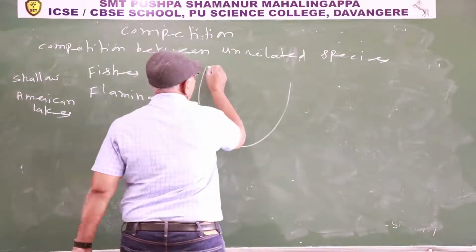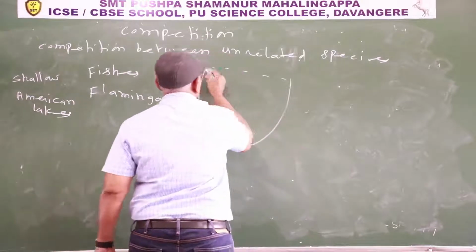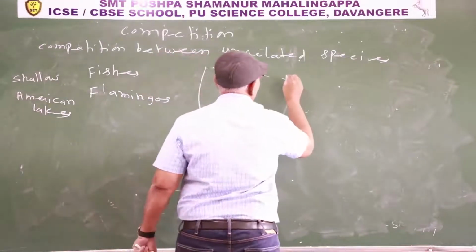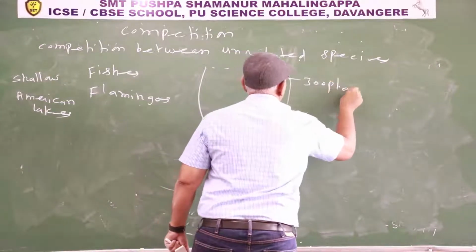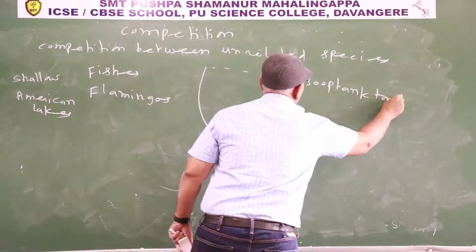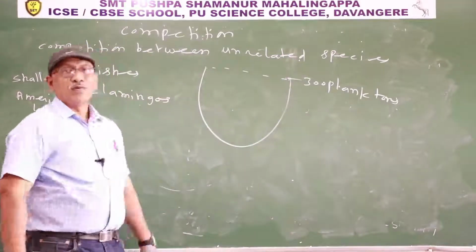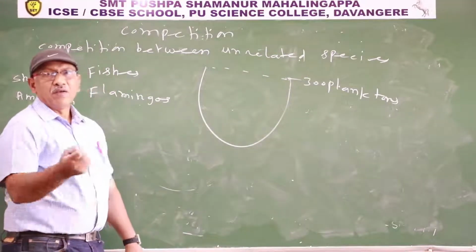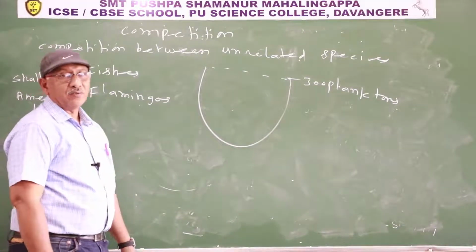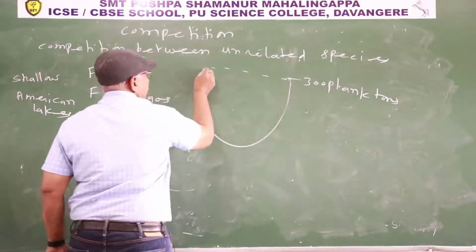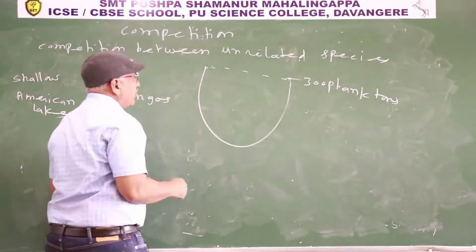In the remaining seasons, fishes feed only on zooplankton. What are zooplankton? Microscopic animals that feed on phytoplankton are known as zooplankton.